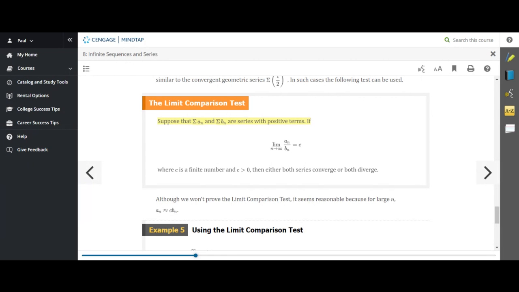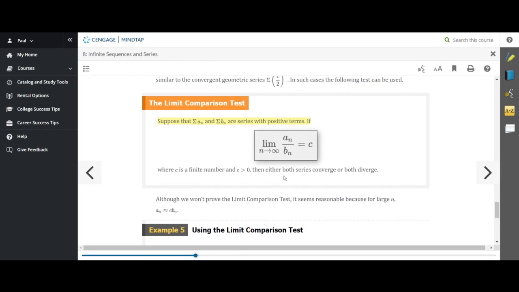So if you have two series, and you take the limit of the ratio of the terms of those series, and it is equal to a constant, where that constant is some finite number, then as you move out in the tail of the series, as n goes to infinity, the terms of the series are essentially in proportion to each other.